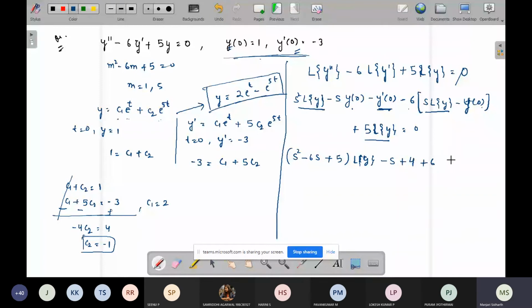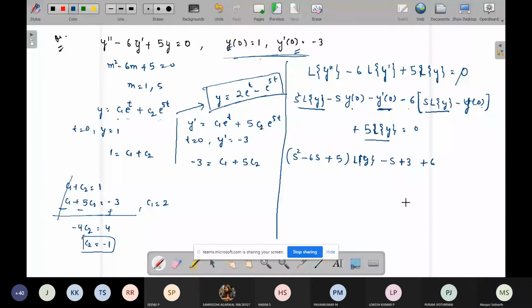Am I doing correct or not? And 4, it was minus 3, right? So minus 3. The y dash 0 value was minus 3, that means plus.